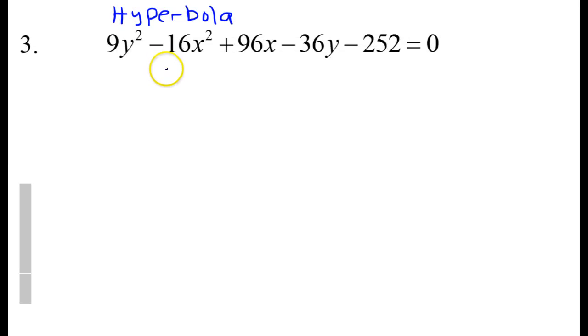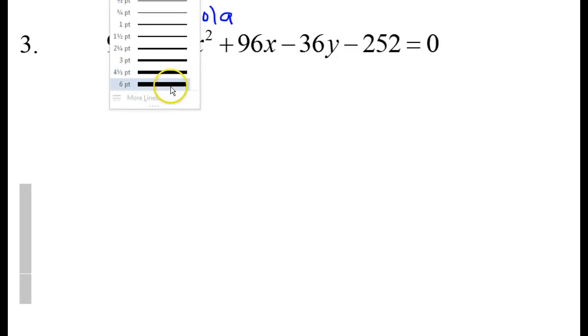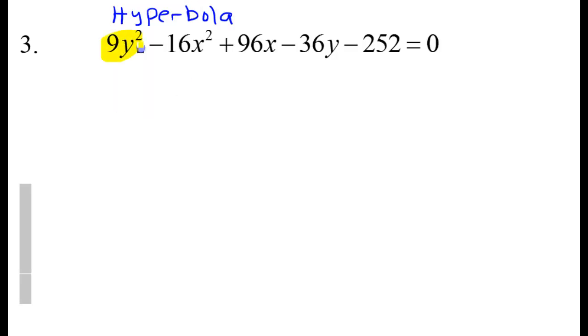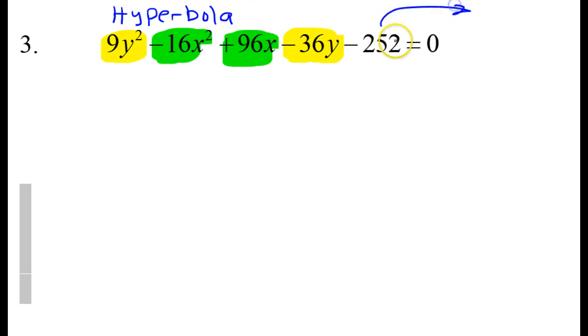So we know number 3 is a hyperbola. We need to group the like variables together. So for example, I've got 9y squared and I've got -36y. Those need to go together. I've got -16x squared, +9x. Those go together. This constant, -252, that needs to go to the other side.